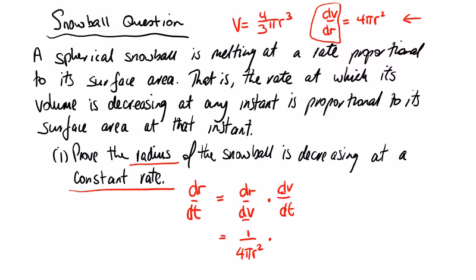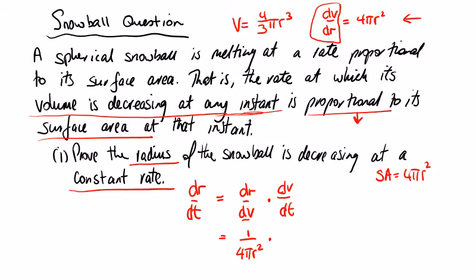So we need to get dV/dt, and it tells us in the question the volume is decreasing at any instant. So this is dV/dt. It's proportional to its surface area. So the surface area of a sphere is 4 pi r squared. So proportional to its surface area, this here would give us, let's use the letter k, times 4 pi r squared as the rate at which the volume is decreasing: a constant times the surface area, or something proportional is a constant.